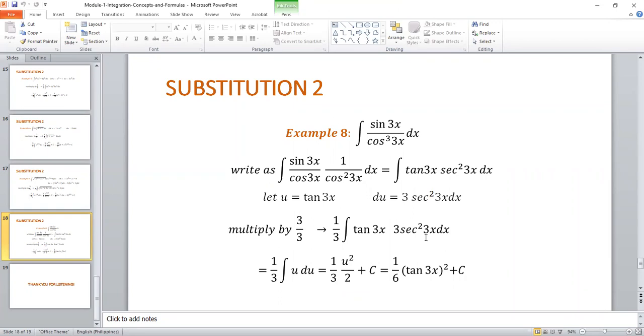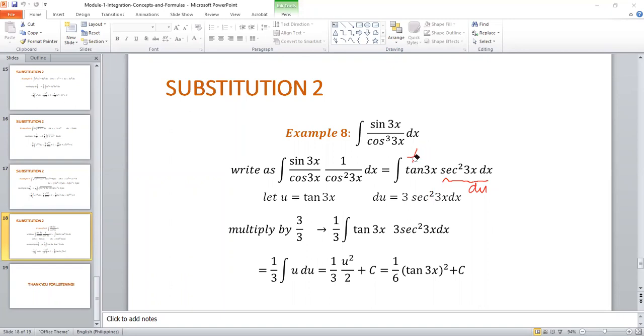This is rather your tangent u. And this is the derivative of the tangent. Okay? This is the derivative of the tangent specifically. I will erase this one.